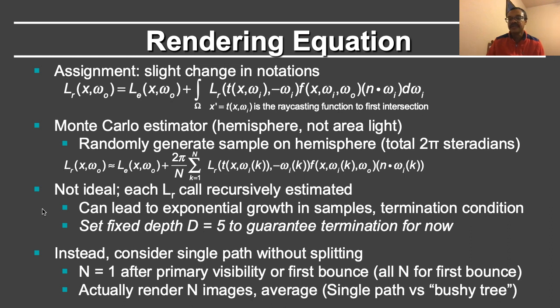Or alternatively, you can say that the primary visibility is still computed with n samples, but subsequently each of those samples has only one ray or one path that they take going forward. Alternatively, you can think about this as rendering n images, each with one sample and one path per pixel, and then averaging.